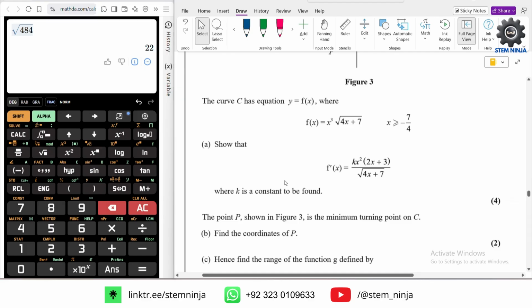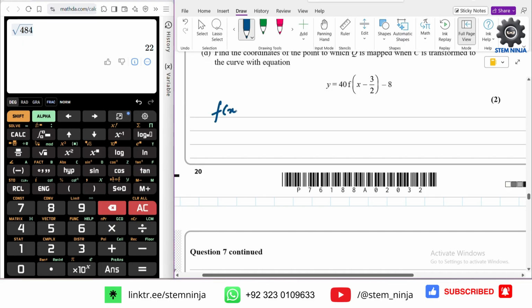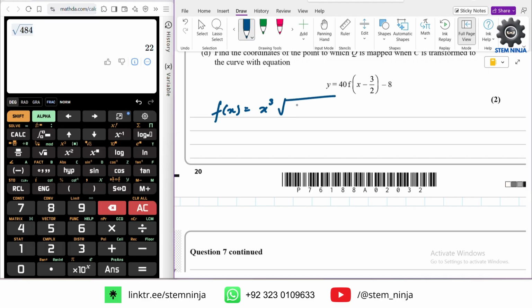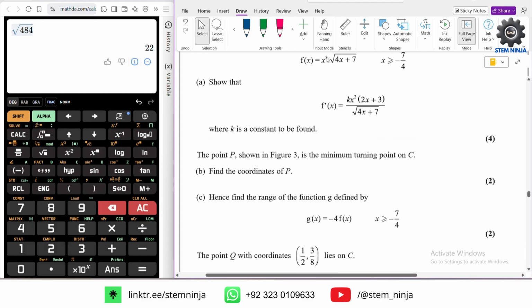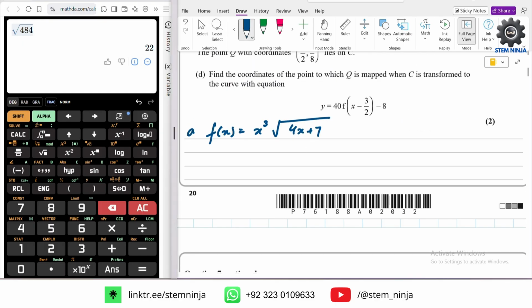Right, okay, so we will consider it as a product of two functions, x cubed and square root of 4x plus 7. I hope I noted it down correct. So we can also write it as x cubed times 4x plus 7 to the power 1 over 2.